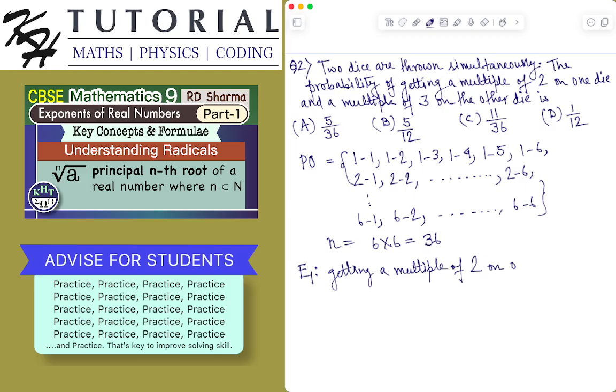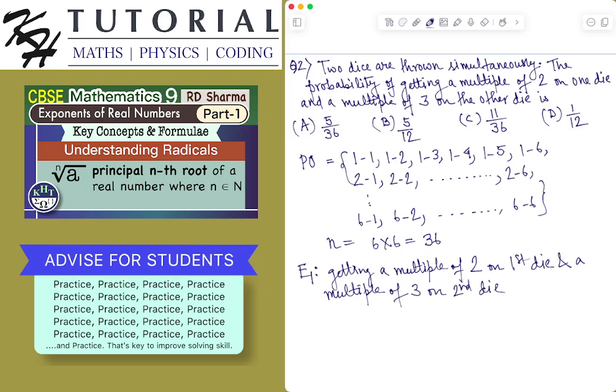Event E1 I am defining as getting a multiple of 2 on the first die and a multiple of 3 on the second die.